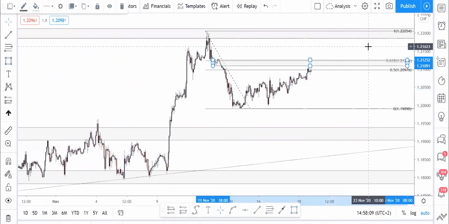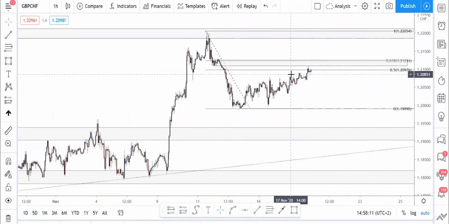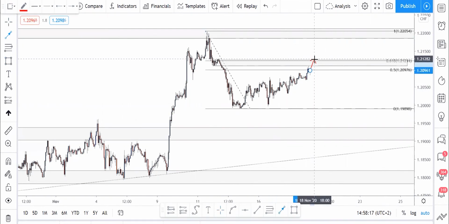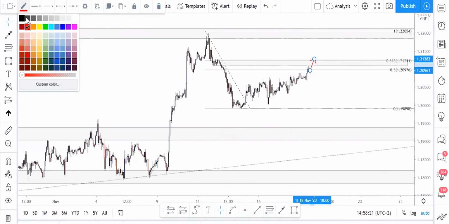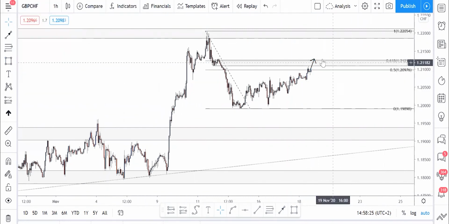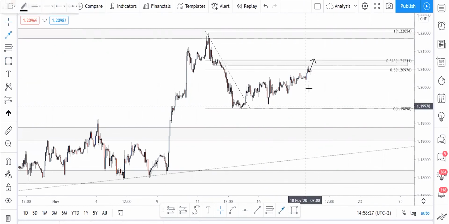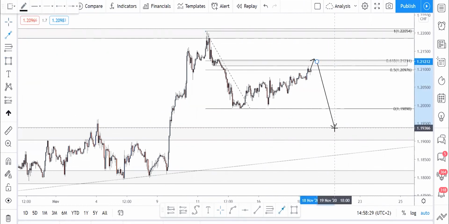Once you draw it like that, you know that once price touches that level, which is around 61.8, most of the time it corresponds to around 50 and 61.8, right? It can push a little bit higher before it pushes all the way down to this level here.